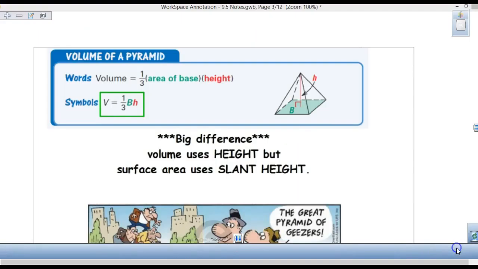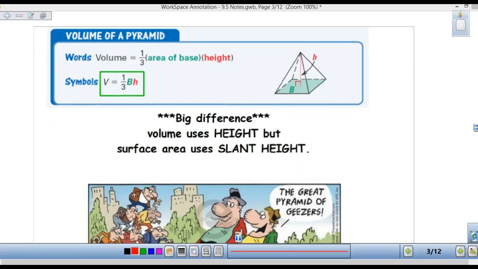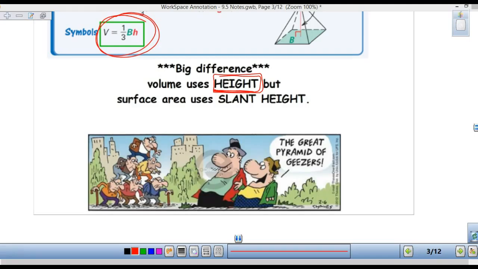So it is 1/3 area of the base times the height. Be very careful. Volume, we're using height. Surface area, we used slant height. So be careful.